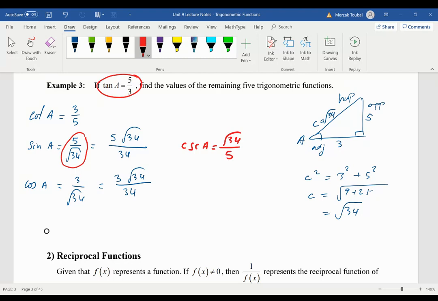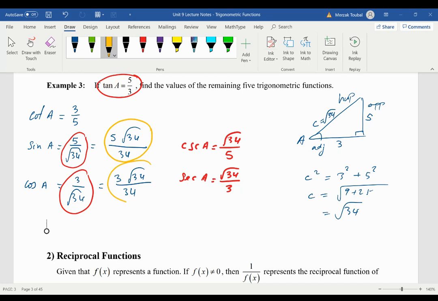For the secant, we take the reciprocal of cosine, the reciprocal of 3 over root 34, which becomes root 34 over 3. The reason I didn't want to take the reciprocal of the final answer is because we would have to rationalize again.